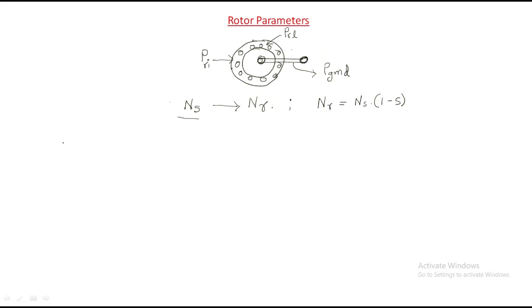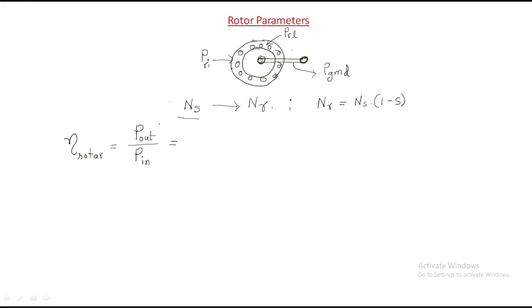Any efficiency is nothing but the ratio of output to input. Here we can write the rotor efficiency as rotor output by rotor input. We can express the rotor output in terms of speeds also.